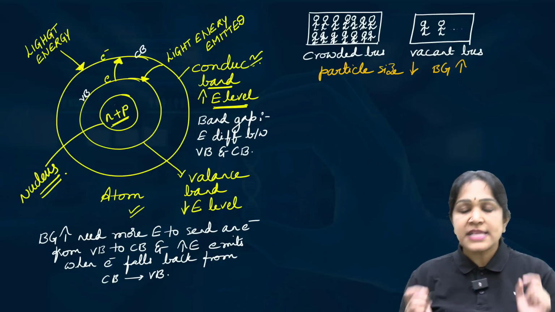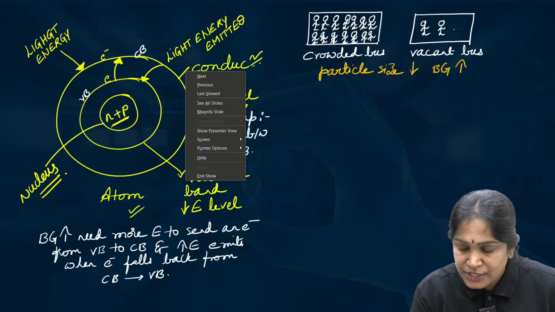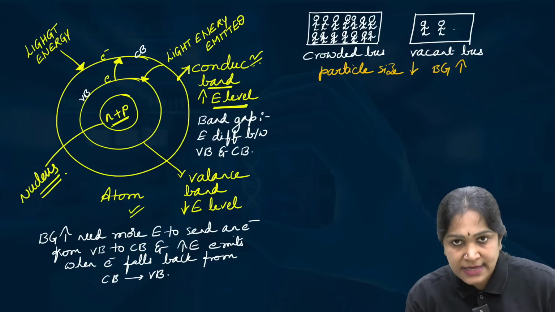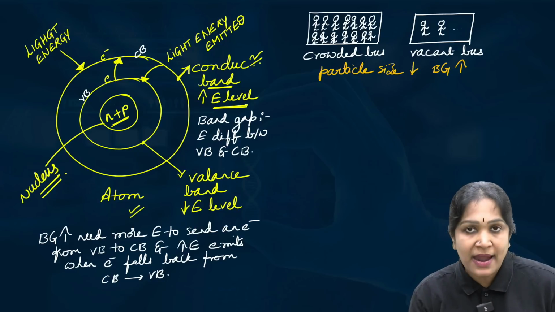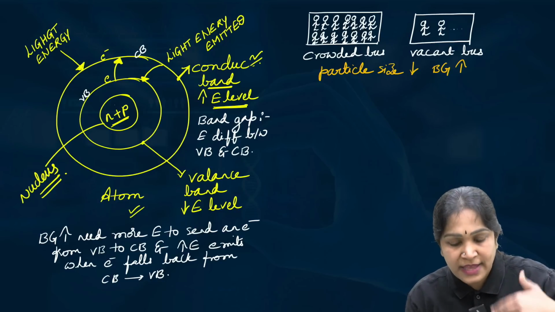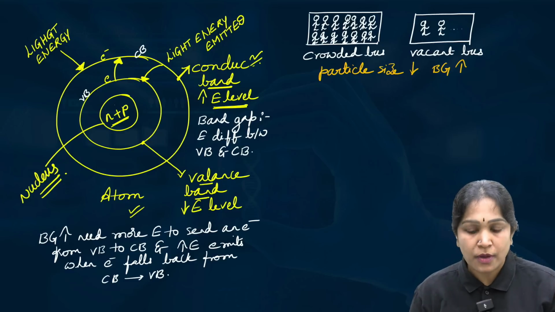Then, these bands are of two types. This band is the conduction band. Look here, the outer one is the conduction band, and the lower, inner energy level is called the valence band. Okay?